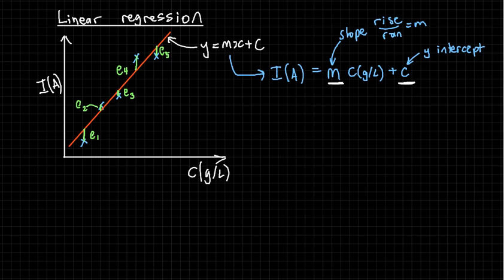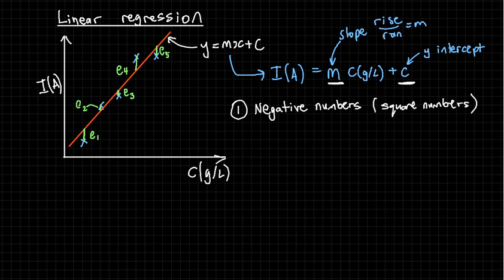So the first thing that we don't want is negative numbers, because if we had an error say down here, this one here would probably cancel out with that one, but what we want to know is the total error. So that means that we can square the numbers, and that removes that problem.